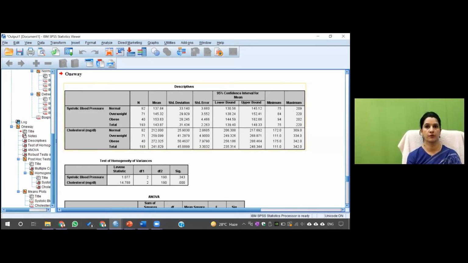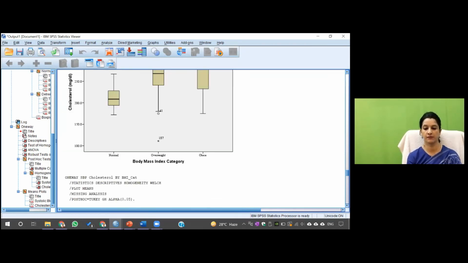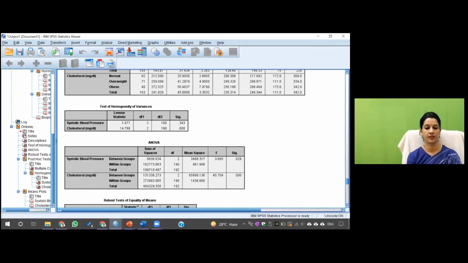So now just focus for a few minutes here in the output. You can see the sample size, the mean, the standard deviation, and then if you come to the equality of variance, here you can see the value of Levene statistics.